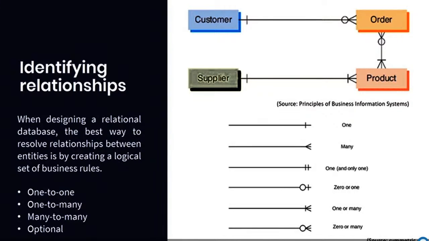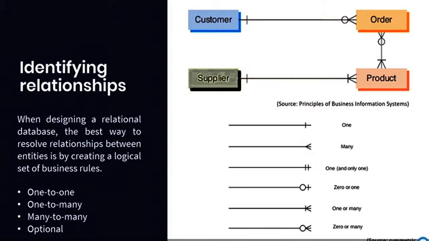And if we look at our illustration at the bottom, what we have are these crow's foot notations. These are essentially the different crow's foot notations, or relationships, you can establish between two entities or two tables. First, we have 1, which basically says, for example, an order can only belong to one customer, right?